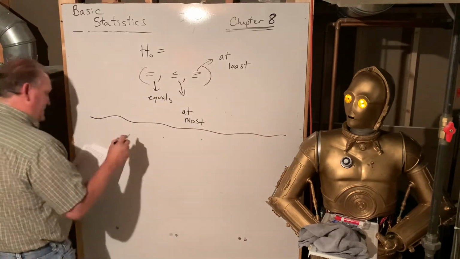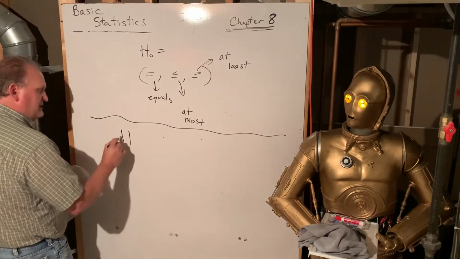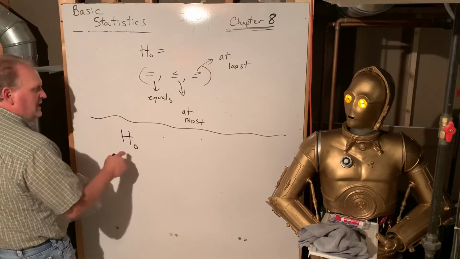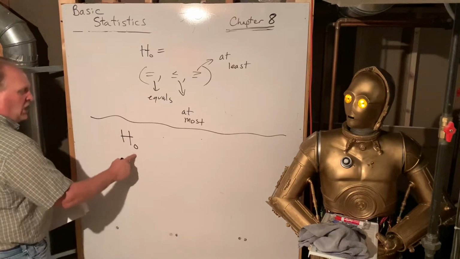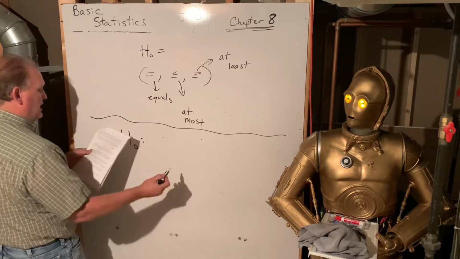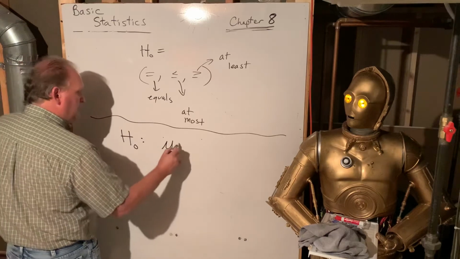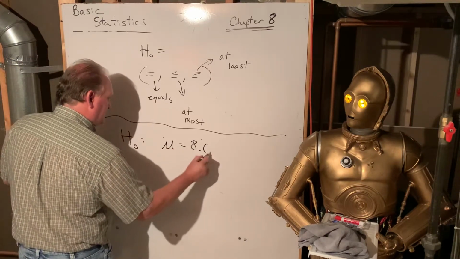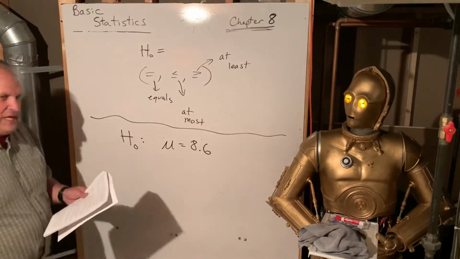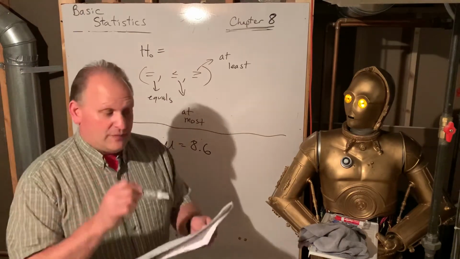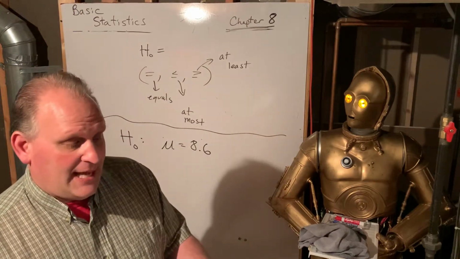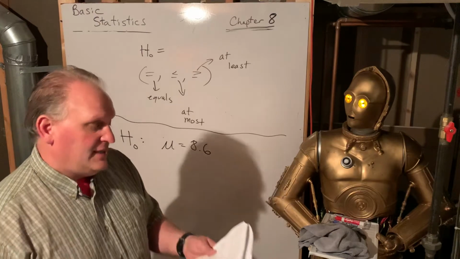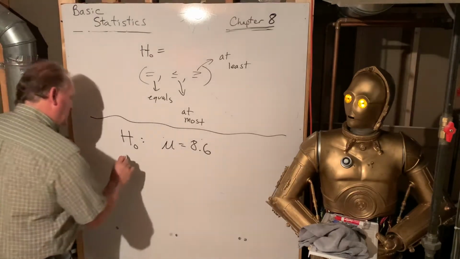So our null hypothesis, this is H sub 0, often read H naught. H naught would be mu is equal to 8.6. That's the population mean.